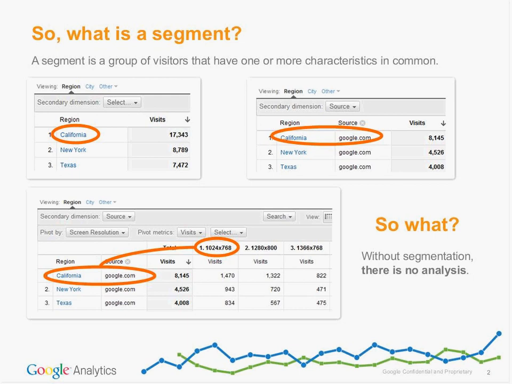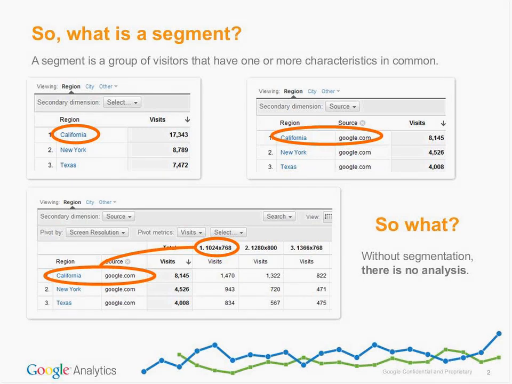To optimize visitor segments, in some cases, a segment becomes more distinct. So it may mean that your California traffic has a higher conversion rate along the goal that you've set than your New York traffic. Both are segments, and the analysis says that California does better than New York as far as conversion rate.